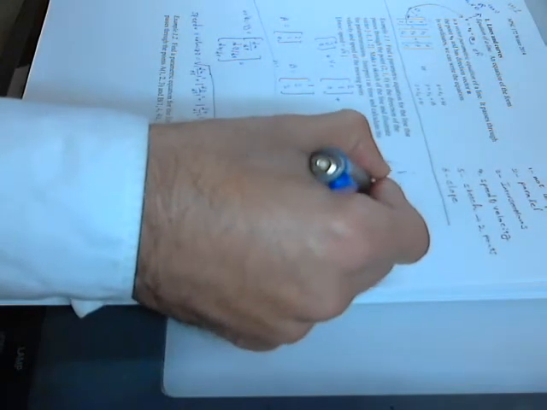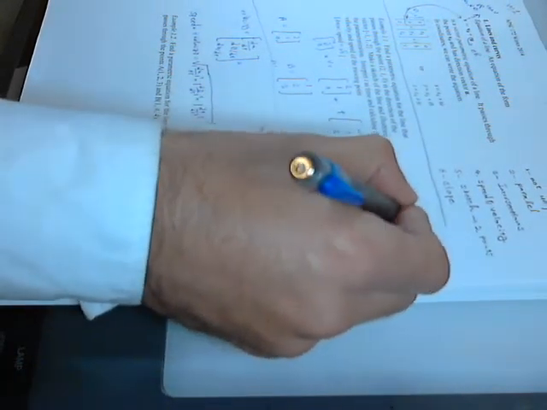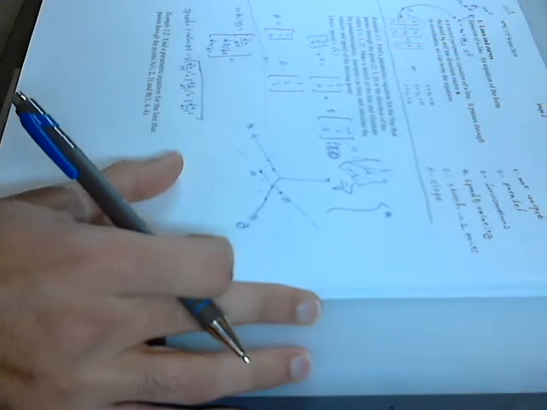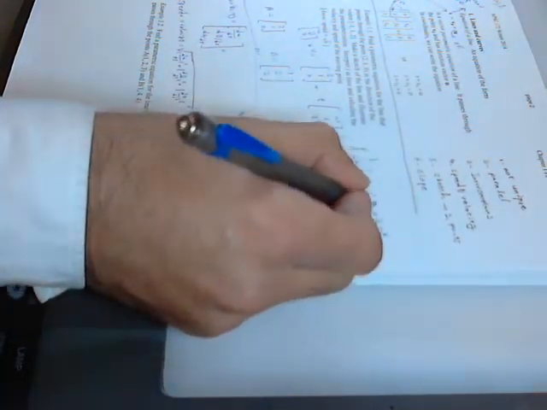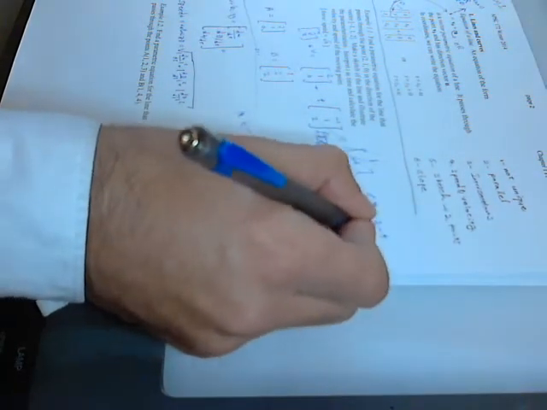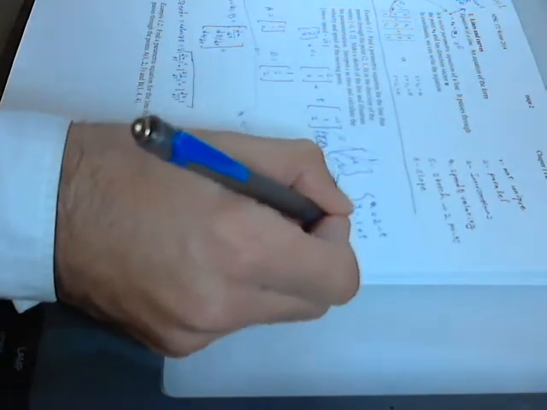So x is 2 minus t, y is 1 plus t, z is just 2t. I'm just rewriting the equations that we drew earlier.